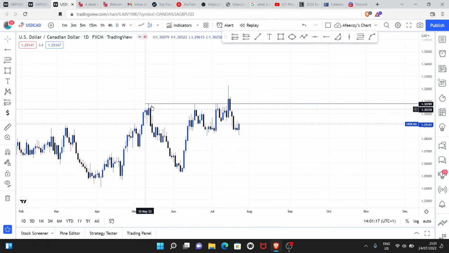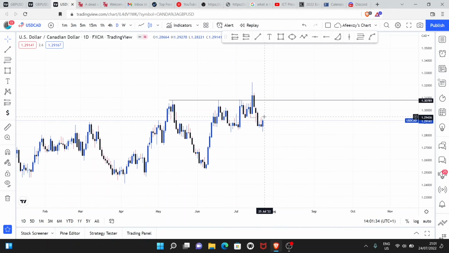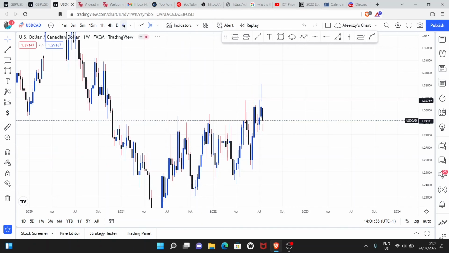I saw these equal highs, then a very nice candle and a weak rejection coming back down, and now we saw a very nice break of market structure here. Let's go to the weekly and see what really happened.